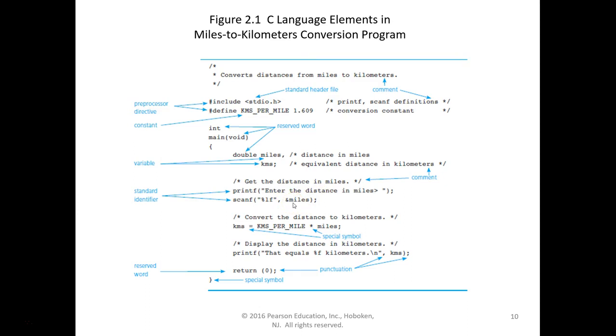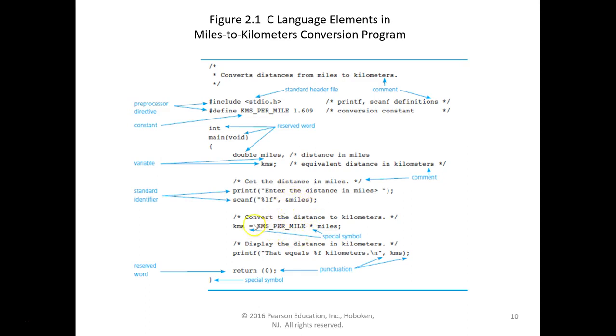We saw this in chapter 1. It needs to be stored somewhere. So this just specifies the address location of where you're going to store your input. So when you do scanf, you always use ampersand. It means it's a pointer to the address location.